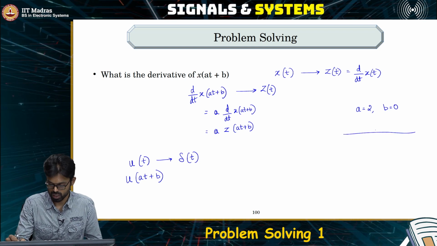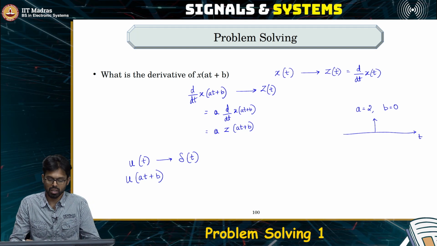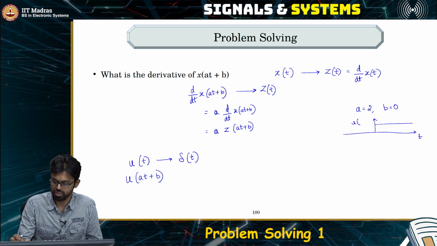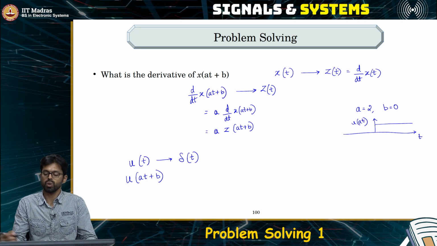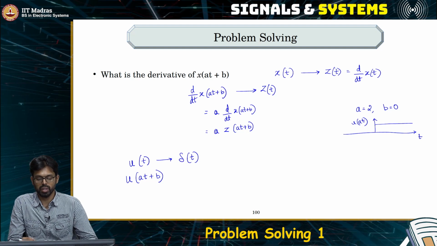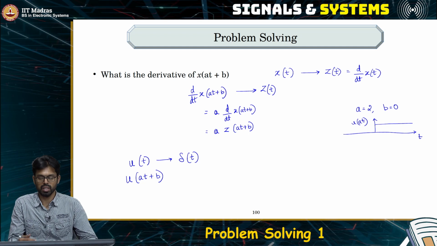Now, plot this. How does this signal look like? Still looks like u of at, still looks like u of t. So, intuitively, when you take the derivative of this, it should still be the Dirac delta function itself. So, that is our intuition.